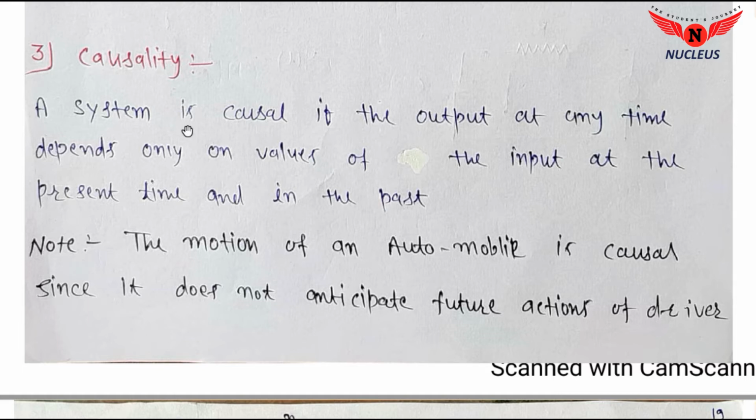In many exams, questions are asked from causality or time invariant systems. So let's discuss causality. A system is causal if the output at any time depends only on the value of the input at the present time and in the past time.